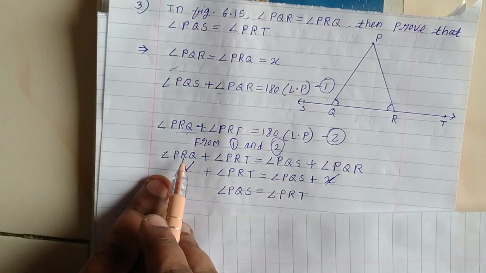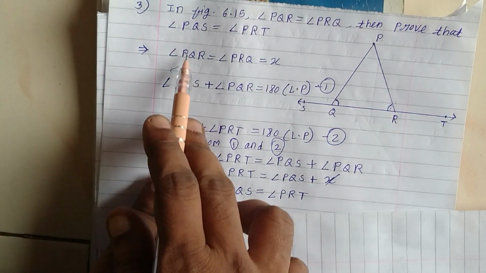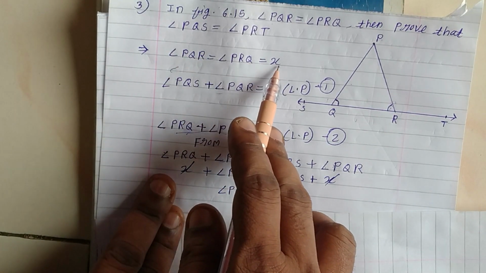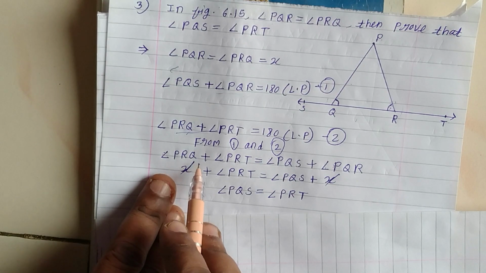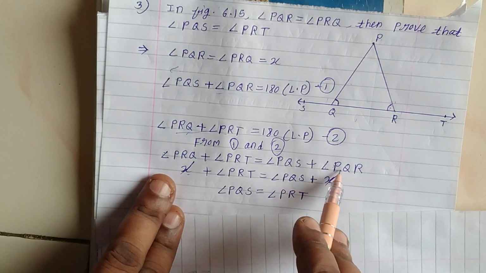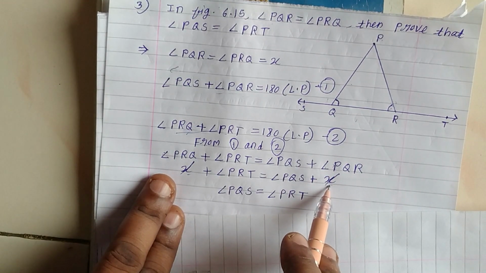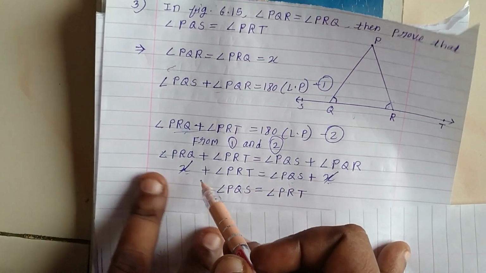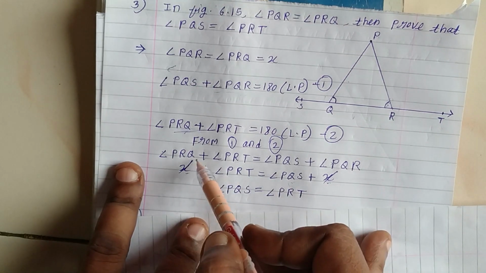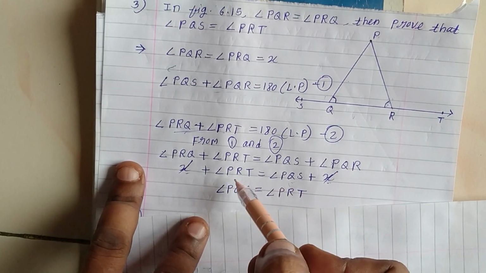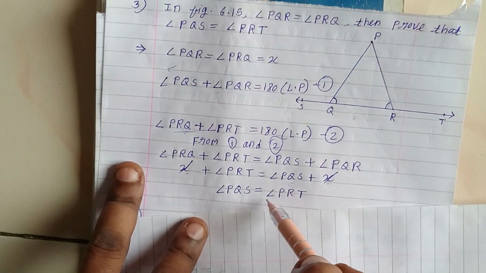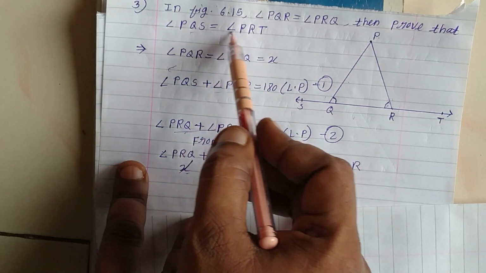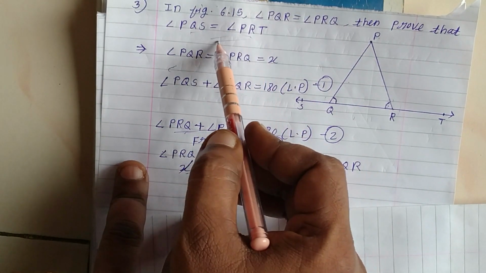Now in the next step I have taken PQR and PRQ value as x. So PRQ is x, and in place of PQR also x. These two will be as it is. Now both are equal, so they will get cancelled. So PQS will be equal to PRT, which we had to show in the question.